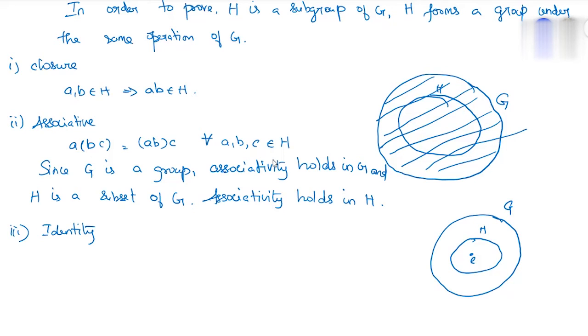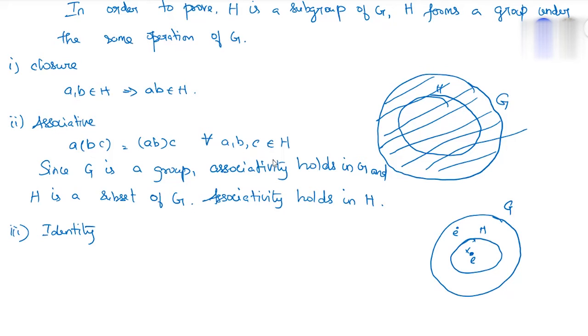If E is not present in H, then H is not a subgroup. For H to be a subgroup, E should be inside H, not outside. That's what we need to show: that E, the identity element of G, is also the identity element of H.